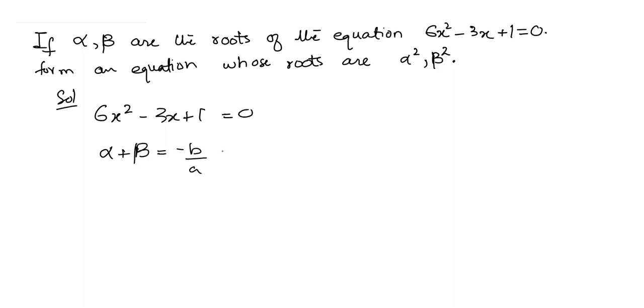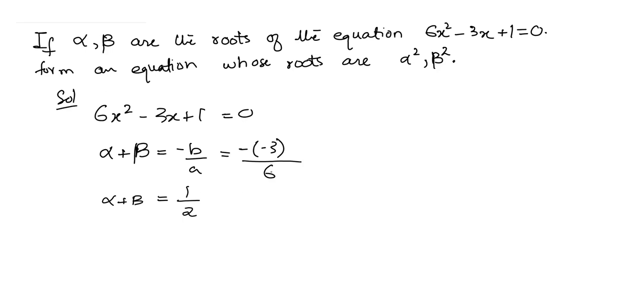This is the formula for the sum of roots, and by comparing the above equation we can conclude that b equals minus 3 and a equals 6. So alpha plus beta, the sum of the roots of the given equation, is going to be 1 over 2.